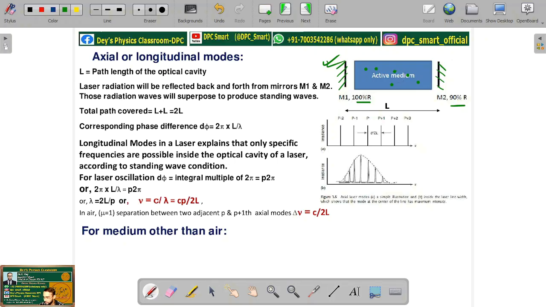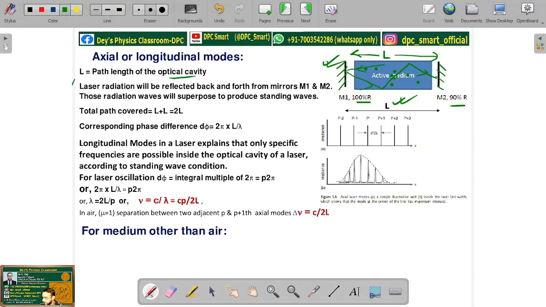Now those photons or radiations will be reflected back and forth in this optical resonator, which I have discussed in the optical resonator part in the previous lecture. The link has been given in the description section. Now suppose the length of the gain medium be L. So this is the length of the gain medium or the path length of the optical cavity.